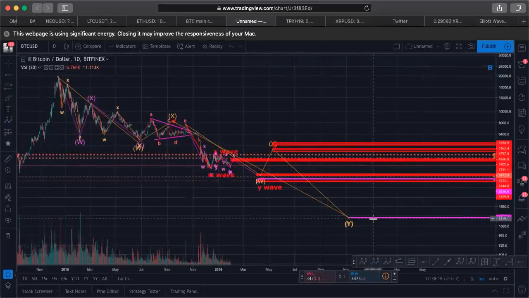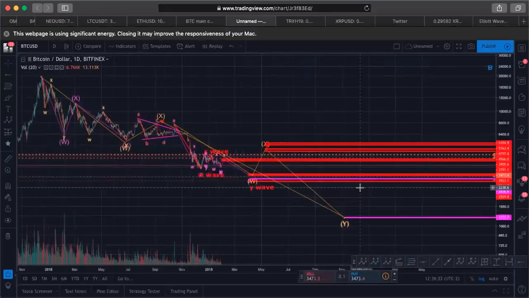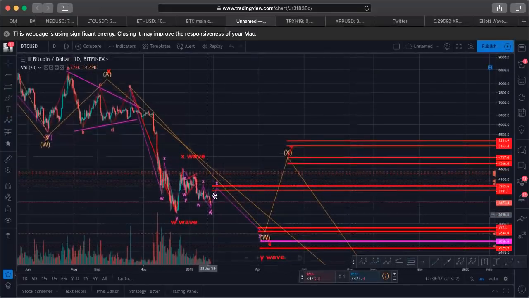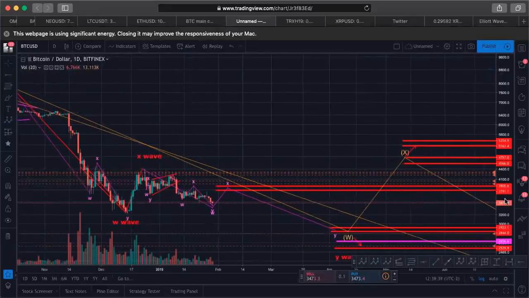So that's the only real pattern that an X wave cannot be. Of course, this is going to be a long, long way away now. This is probably what we won't reach until the end of the year. And then we'll see where we go from there. But long-term wise and short-term wise, we should get this little X wave up here.